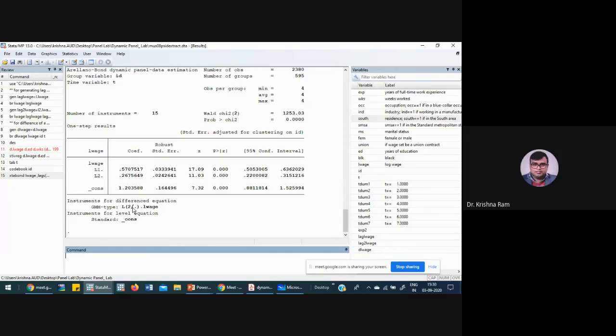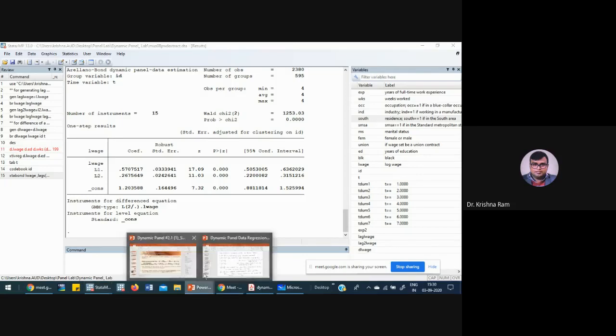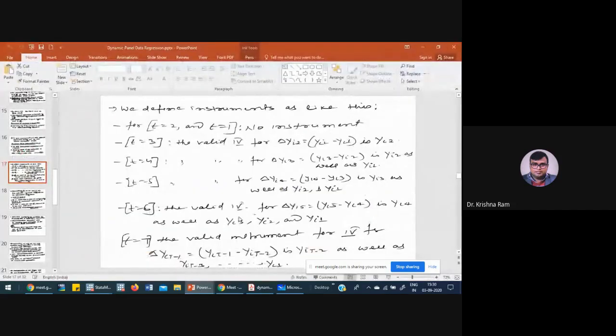Okay, we are talking about the number of instruments, and when we refer to this slide, for t equal to 4, we get 2 instruments, yi2 and yi1. So 2 instruments for the 4th time period, 3 instruments for the 5th time period, 4 instruments for the 6th time period, and 5 instruments for the 7th time period.